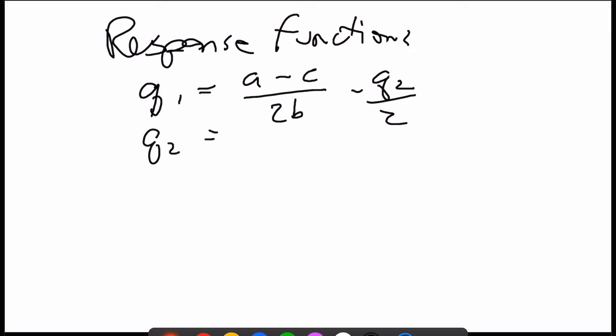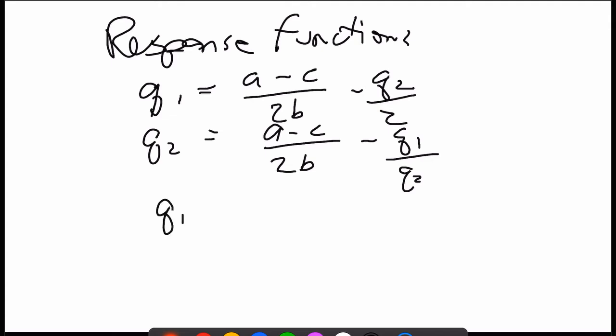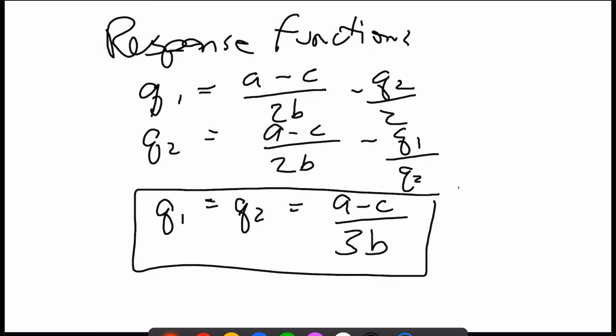And Q2 equals (A minus C) over 2B minus Q1 over 2. Now we can do some substituting, or we can use Cramer's rule, and we get the following, right? Q1 equals Q2 equals (A minus C) over 3B. That's a reduced form equation.